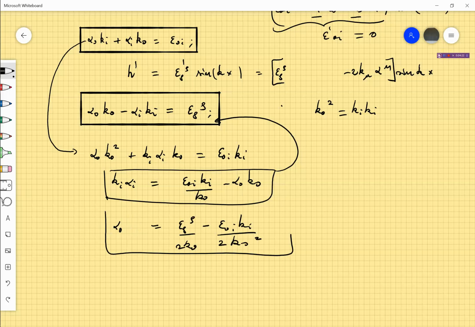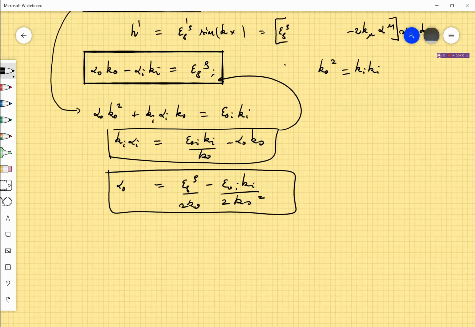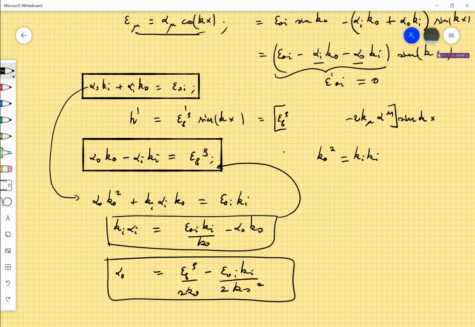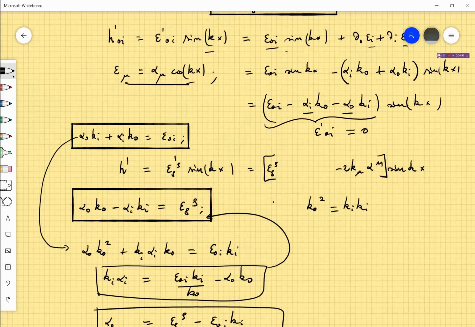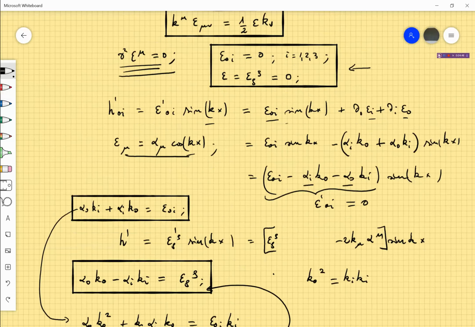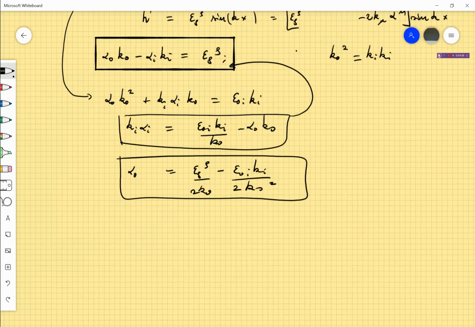Okay, and now you know what alpha 0 is and then what alpha i is. The particular values of alpha 0 and alpha i are irrelevant. We are not so interested in them. We just have to prove that they exist, that these conditions which translate into these equations can be solved, and that you can impose in the end these conditions on the polarization tensor.